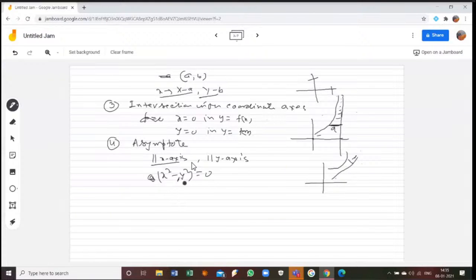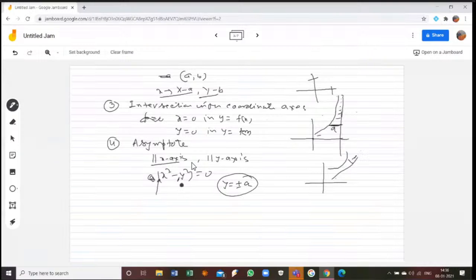Similarly, if we equate the coefficient of the even power of x square to 0, and if we get something like y is equal to plus or minus a, then this is the asymptote parallel to the x-axis or y-axis.